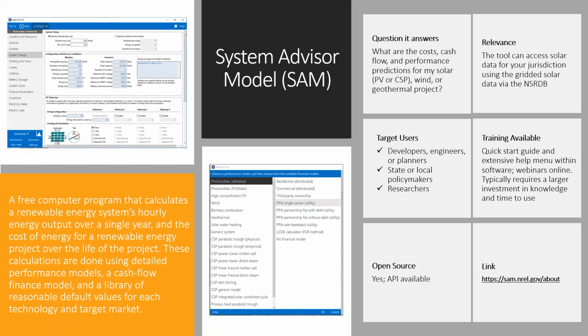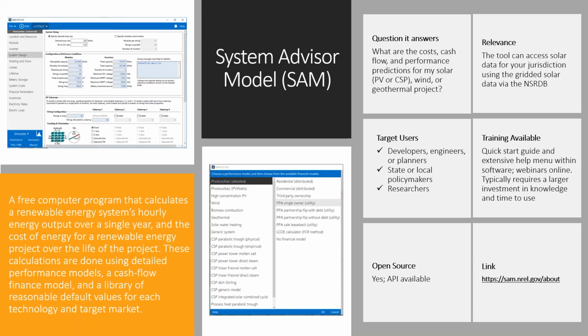It's populated with all kinds of default values, like the efficiency and particular module types and inverter types. So it can provide a very detailed cost model with the cost in dollars per watt for the capacity, as well as dollars per kilowatt hour generated, and things like your first year power purchase agreement, or PPA, pricing, with or without an escalator.